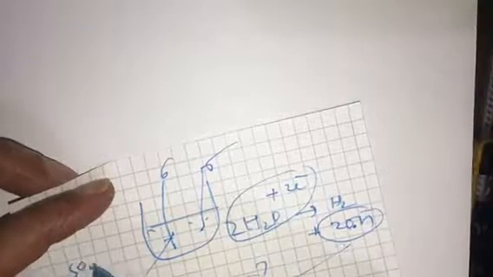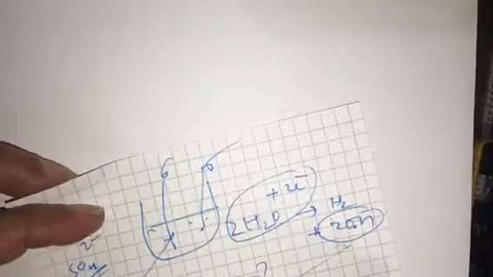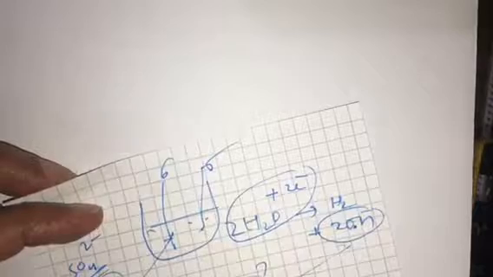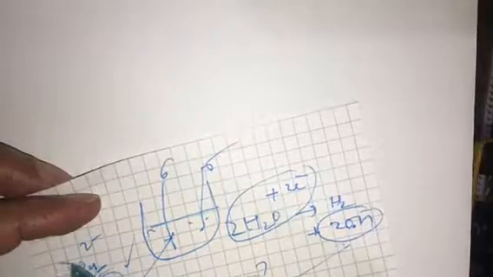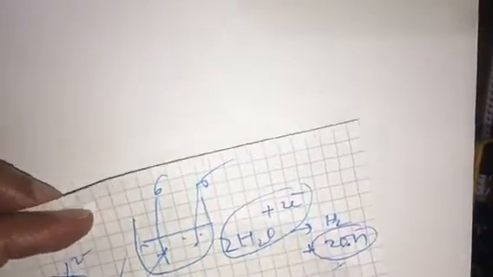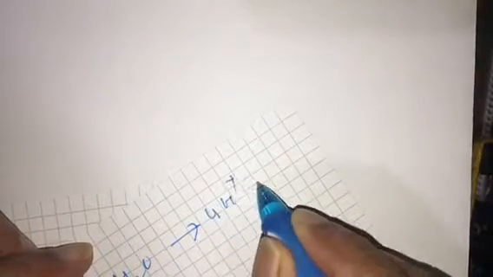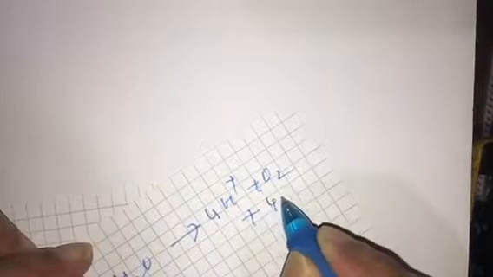Now at the anode, again the sulphate ion's reduction potential is higher than that of water. Therefore, the lower reduction potential is there for water. So water is preferentially undergoing oxidation but not sulphate. Therefore, water will undergo oxidation to give you 4H plus and O2 and 4 electrons.